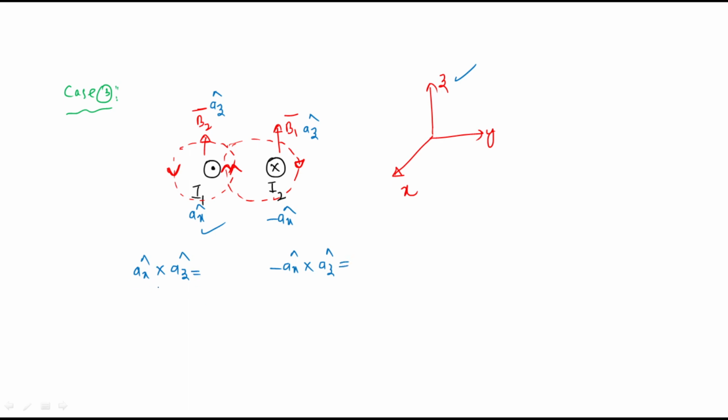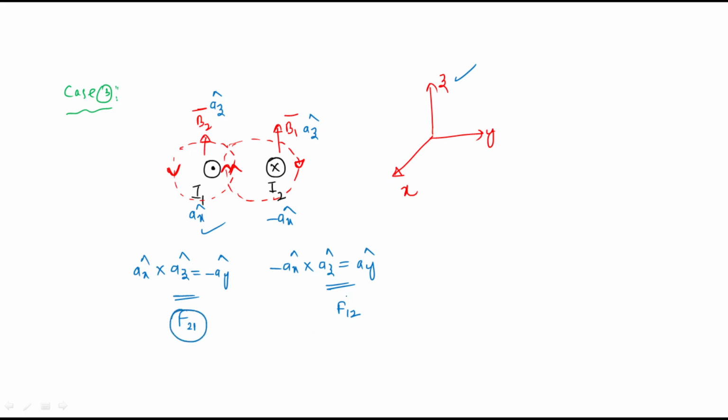So ax cross az should be equal to minus ay, and minus ax cross az is ay, right? So this is one of the force directions, this is another force direction. Force of 2 on 1 is F12.